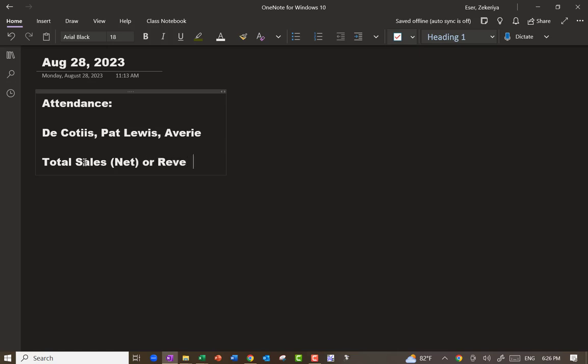Revenue minus cost of revenue or cost of goods sold is called gross profit. Especially the ratio of that number to total revenue.